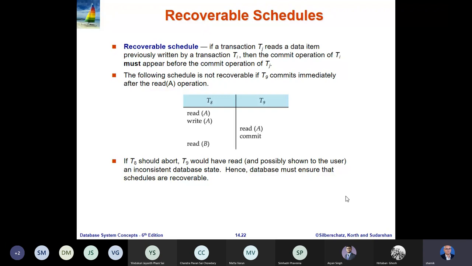Then it will roll back whatever value was written by T8 for A, so it will go back to the original value of A. But T9 read the value that was written by T8 and then it went ahead and did something. Okay. So in between it might have printed something and told the user, oh, this is your account balance or whatever. So this is what makes a schedule non-recoverable.